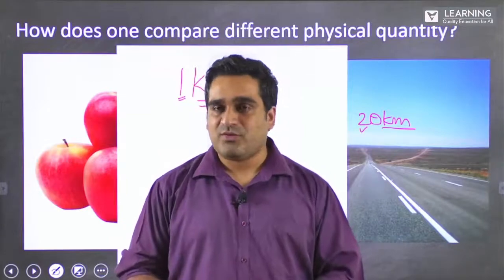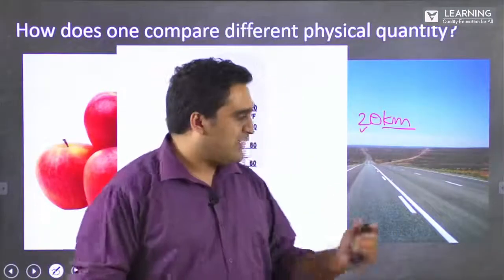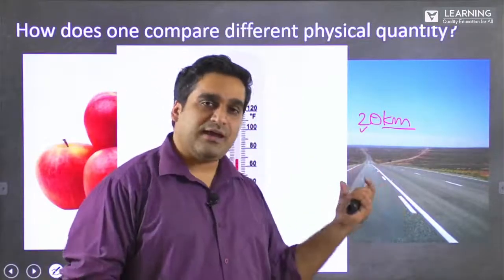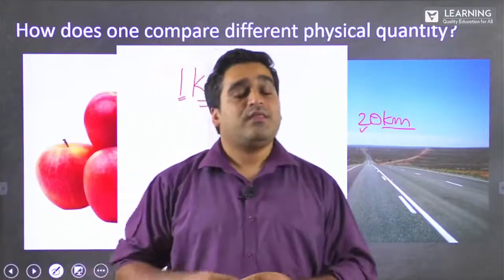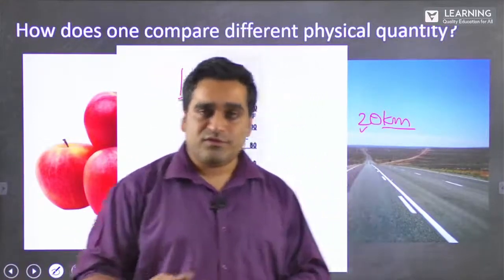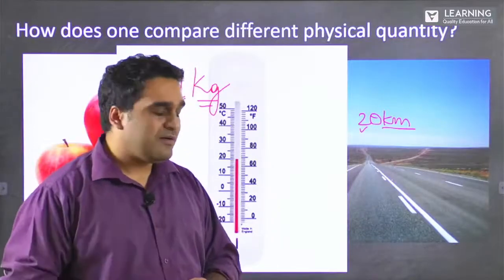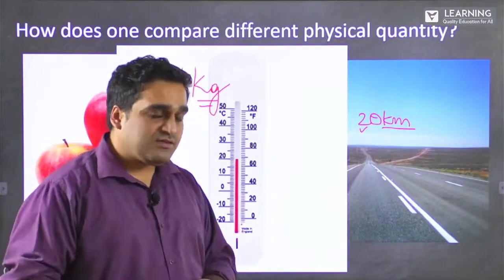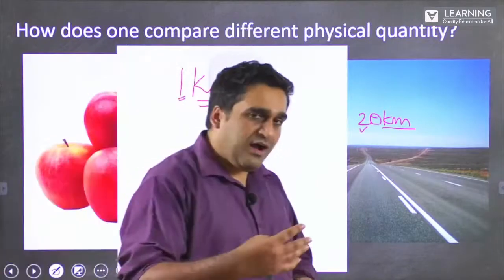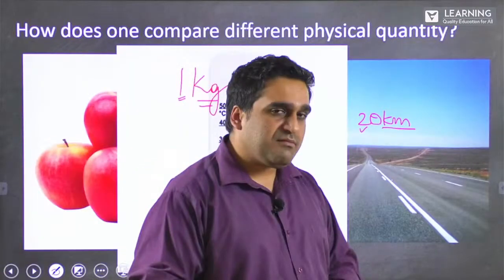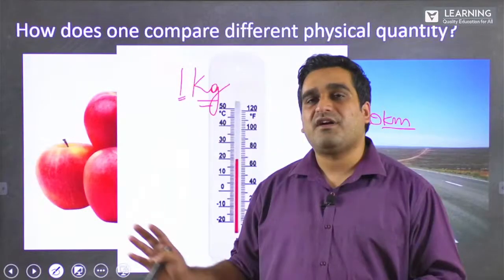So fundamental quantities like mass, length, time, temperature. There are a few more like current, and you have molar, and you have radians. So you have a few other basic fundamental quantities, but most of all, remember these 4 fundamental quantities.